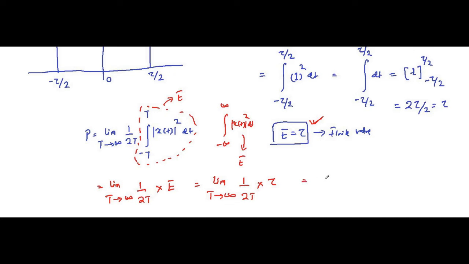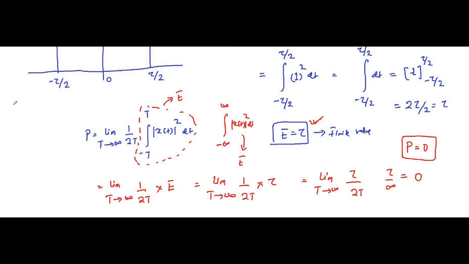So here it is limit T tends to infinity of tau by 2T. Here tau is a finite value and T is infinity, so tau by infinity will be equal to 0. So the power of the signal is 0.